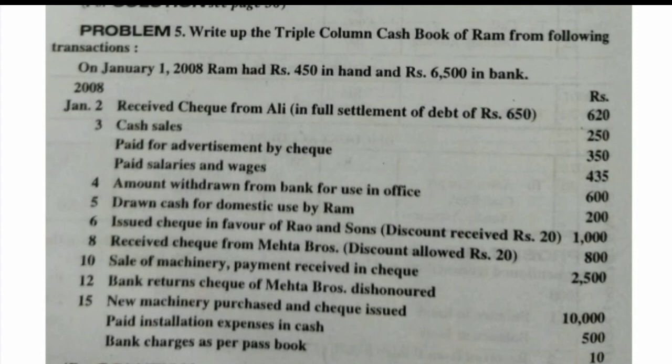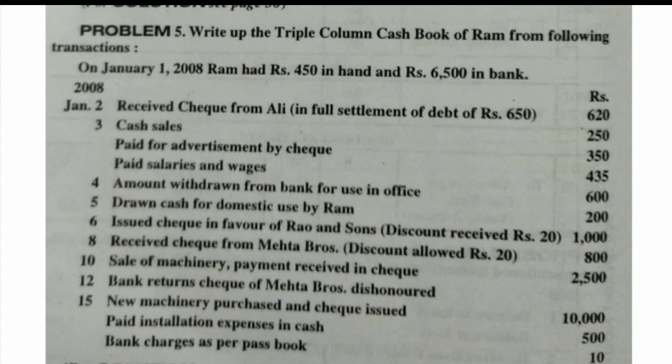Okay, so bank is on the credit side, take by Rao and Sons on the credit side and 1000 rupees in the bank column, 20 rupees in the discount column.